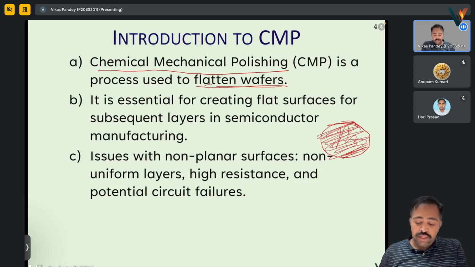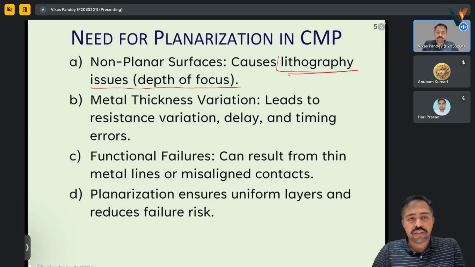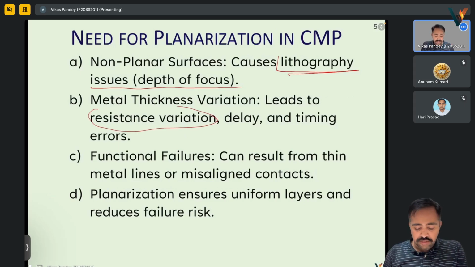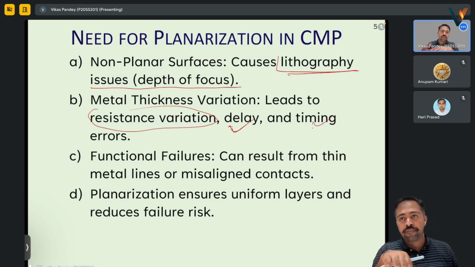So why do we need planar surfaces? Because as I said, we are mostly dealing with lithography, and lithography will have issues with depth of focus. If it is a metal layer and we have variation of thickness, that will lead to resistance variation, which will lead to delay and timing error. So we want the resistance to be uniform.